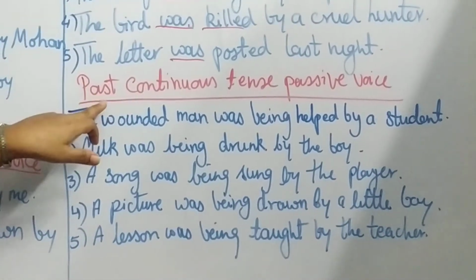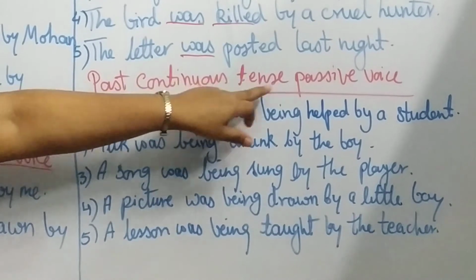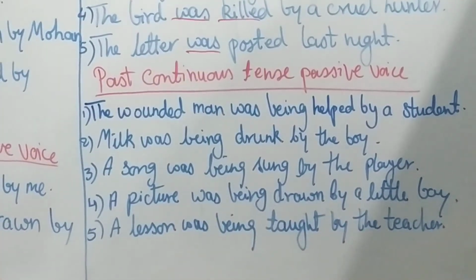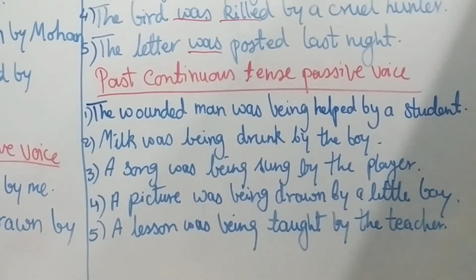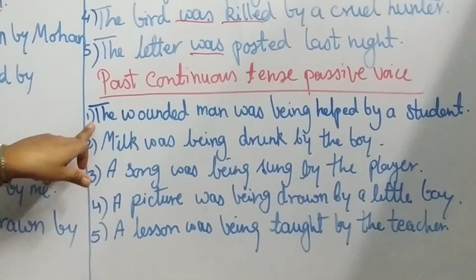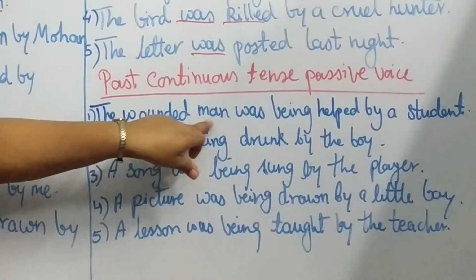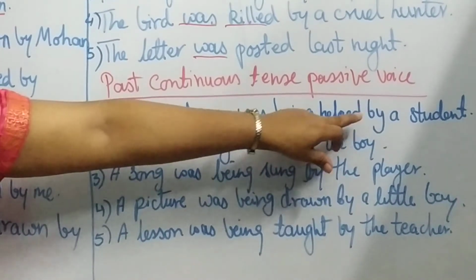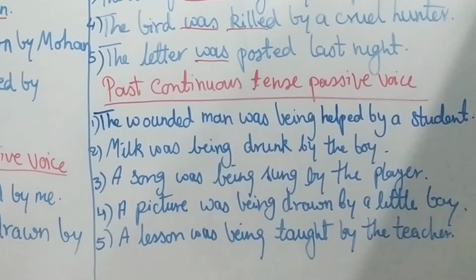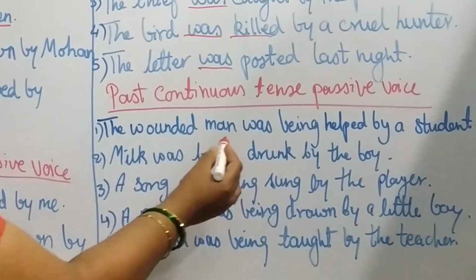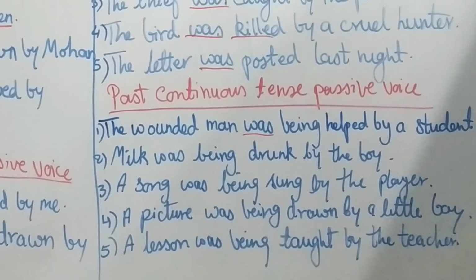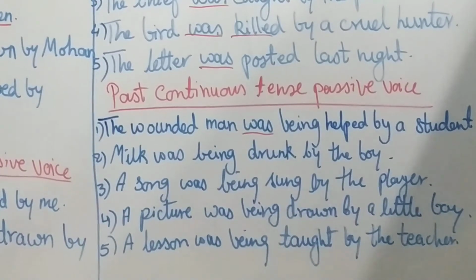Okay, next we have past continuous tense, passive voice. Let's see how to use to be in past continuous tense, passive voice. First example we have, The wounded man was being helped by a student. Okay, let's find out. The helping verb here was, as it is past tense, we use was or were.